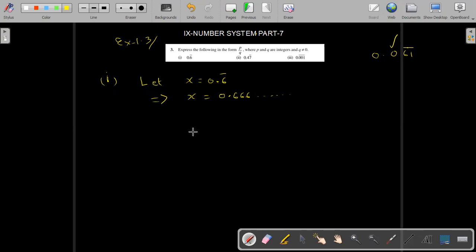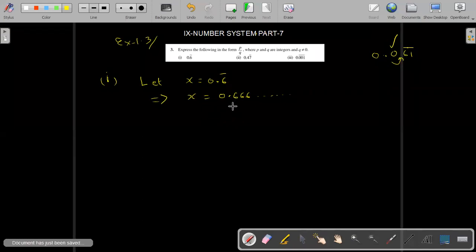Always you should have the recurring numbers right after the decimal, so before the number starts repeating, there should be a decimal.